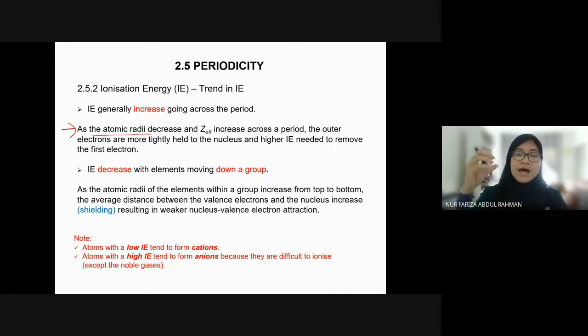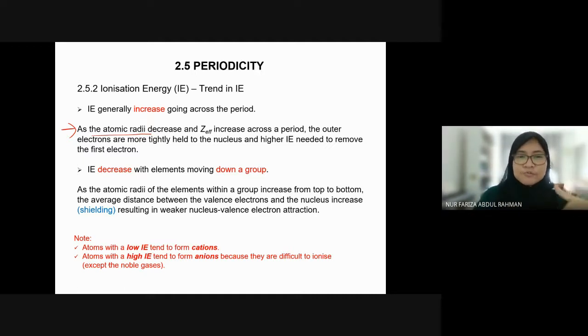It causes the ionization energy, or the energy needed to remove the electron, to become higher. So across the period, the size decreases and the ionization energy increases. See? Opposite trend.